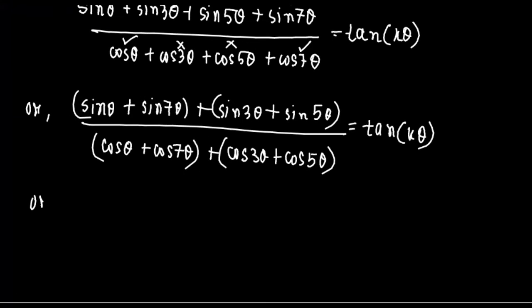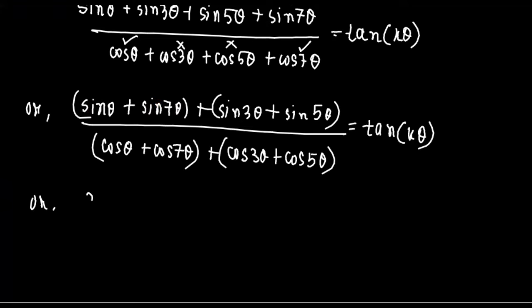Now we know the sin C plus sin D formula. So sin θ plus sin 7θ is 2 sin((C+D)/2) cos((C−D)/2). Here (C+D)/2 means 4θ and (C−D)/2 means 3θ.